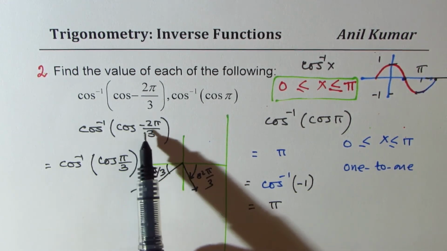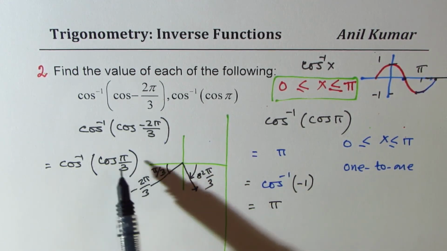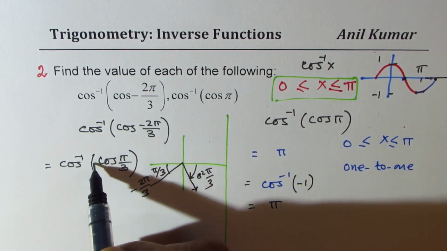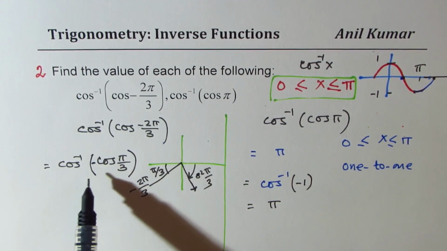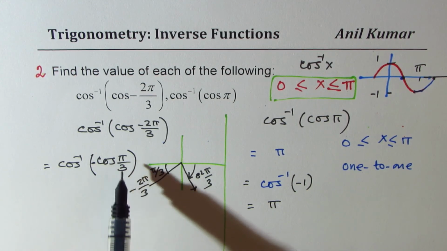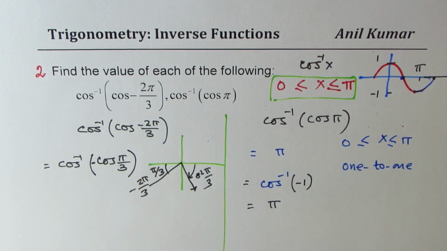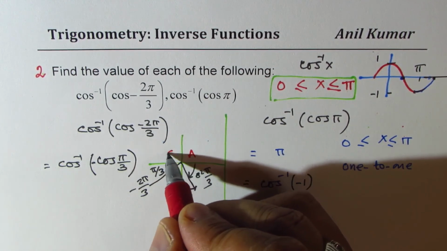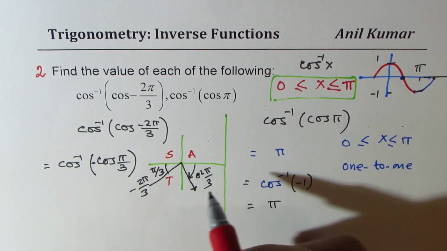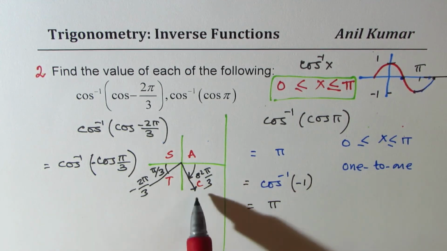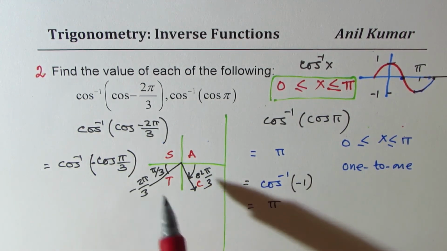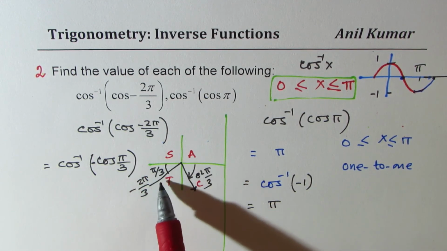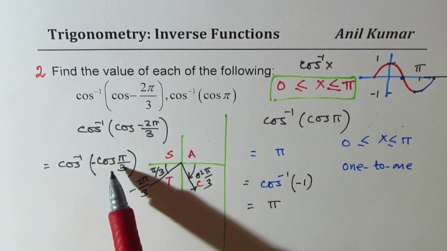Since it is in quadrant 3, it is negative, right? So we'll write this as negative cos pi by 3. In quadrant 1, we know all are positive. Sine is positive in quadrant 2, tan in 3, and cosine in 4. Now minus 2 pi by 3 lands up in the terminal arm in quadrant 3, so it's a negative value.